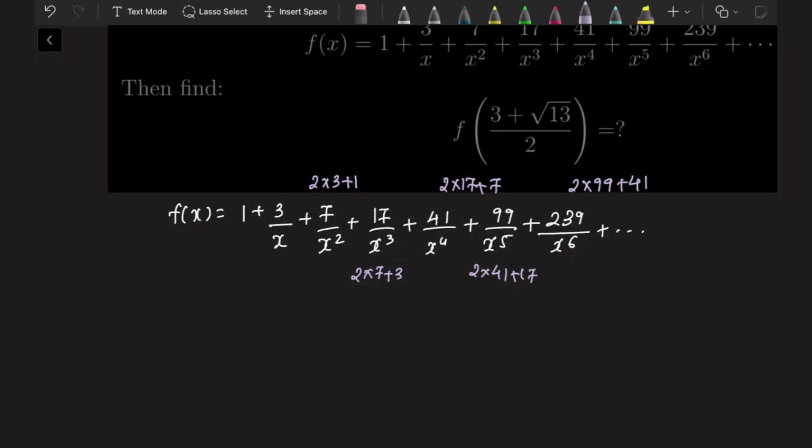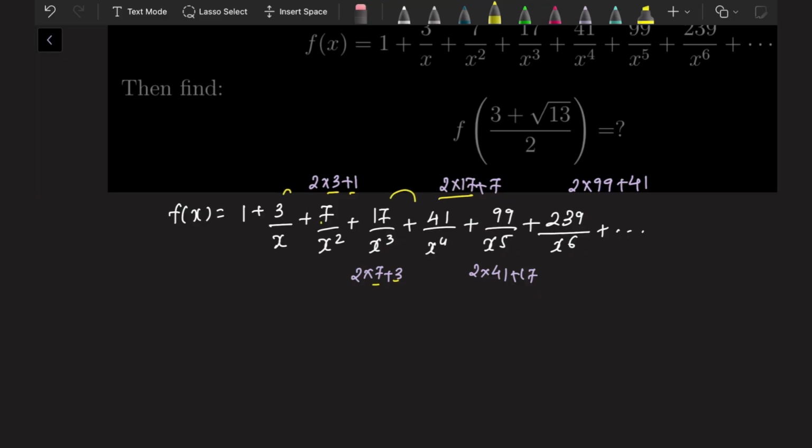If you have still not figured it out and are wondering whether these are random numbers, look carefully. 7 has the pattern 2 times 3 plus 1, where 3 is just the previous term and 1 is the second previous term. For 17, 2 times 7, that is the previous term, plus 3, the second previous term.